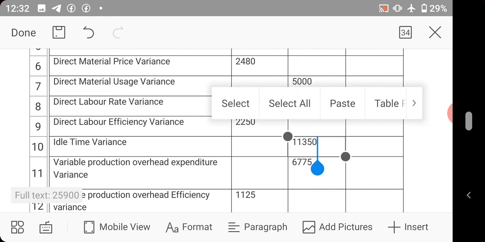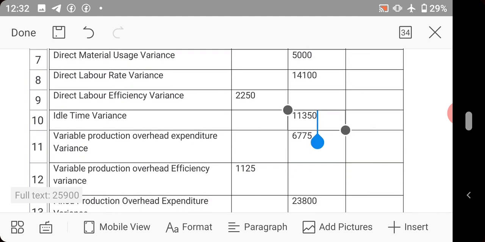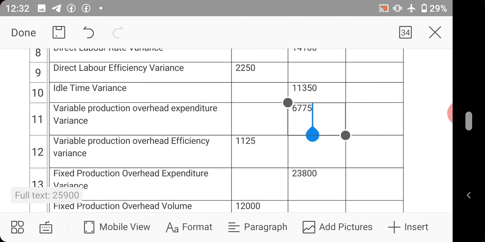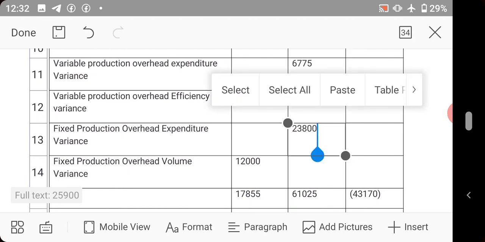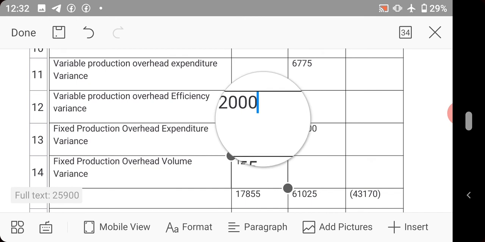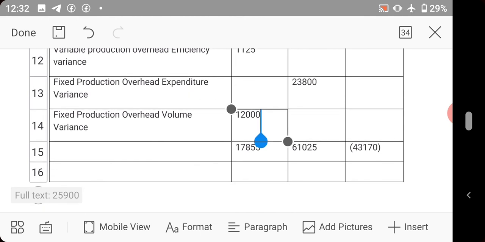It is under adverse. You bring in your variable production overhead expenditure variance. It is under adverse. You also bring in your variable production overhead efficiency variance. It is under favorable. You bring in your fixed production overhead expenditure, which is adverse. You bring in your fixed production overhead volume variance, which is favorable.